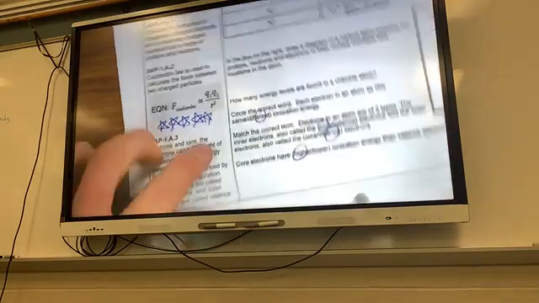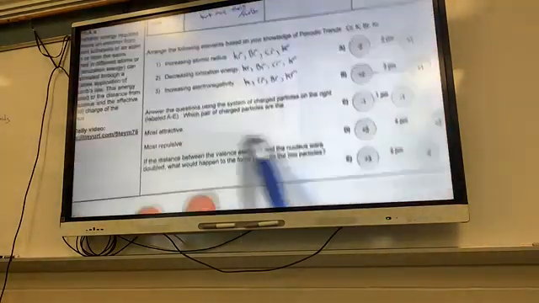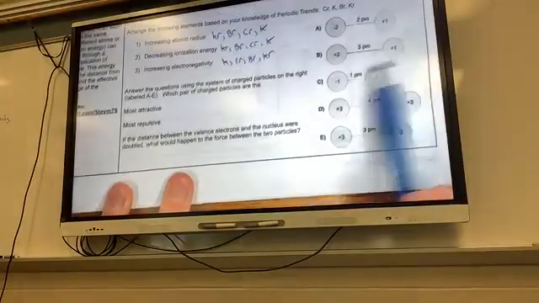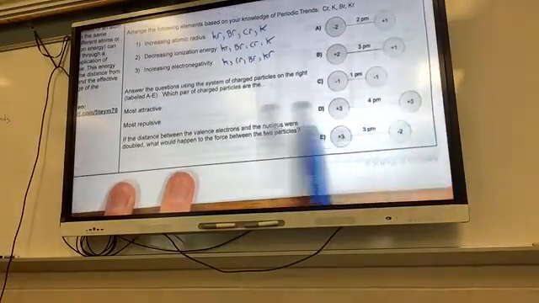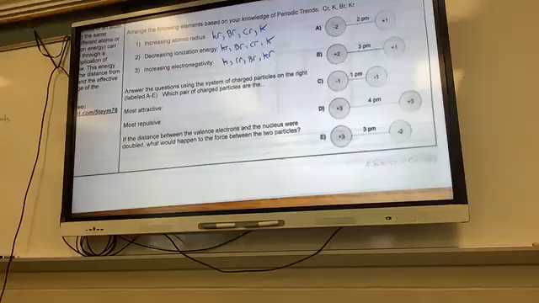Down here, answer the questions based on these particles. Which one is going to be the most attractive? In order for something to attract, the charges need to be opposites.